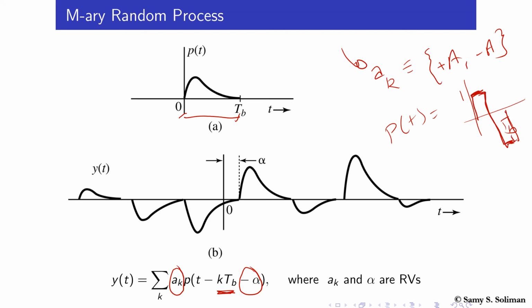So if we can in general find the statistical behavior, the mean, the autocorrelation function, and the power spectral density of this M-ary random process, then we can use it to obtain the autocorrelation function and the power spectral density of all the signaling techniques that we discussed earlier, or the different representations of binary streams of data.